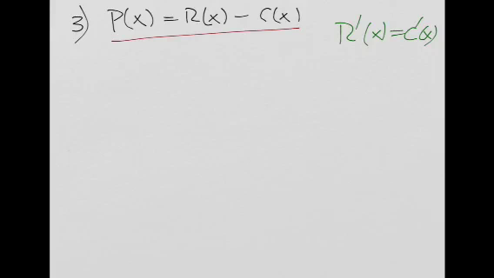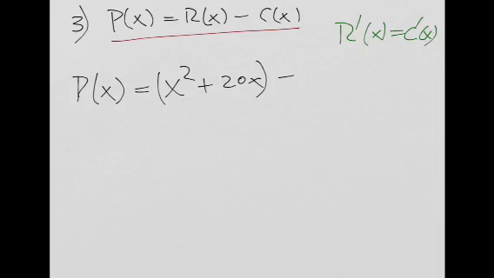So the profit is going to become what? Revenue, which is x squared plus 20x, right, that's revenue. I'll put a parenthesis around it, and then minus cost, which is 40x plus 1000.